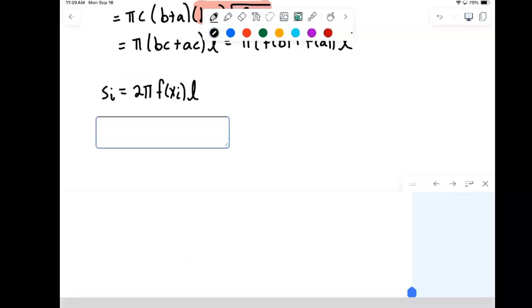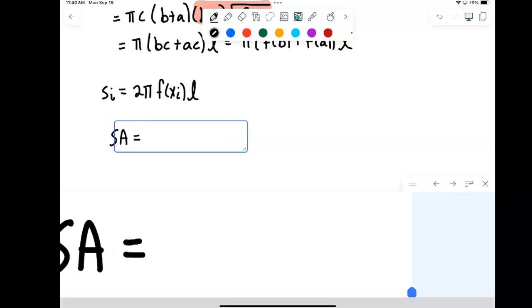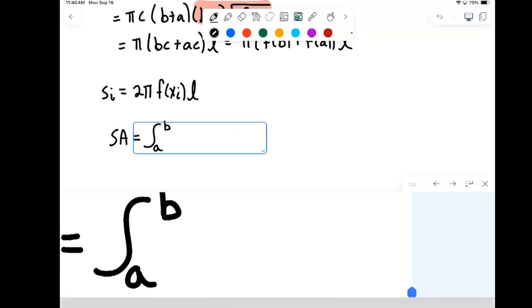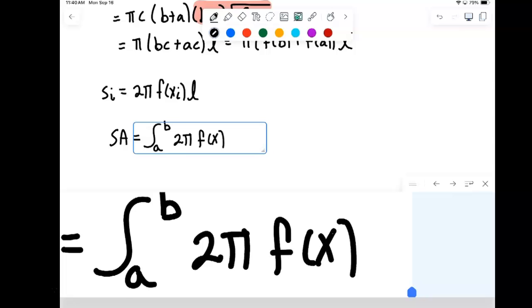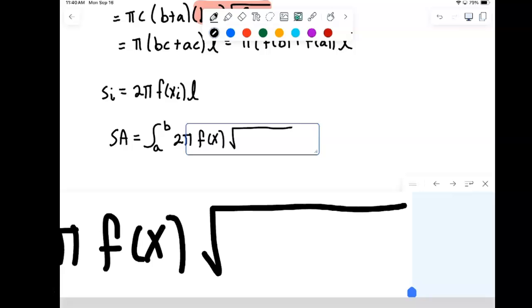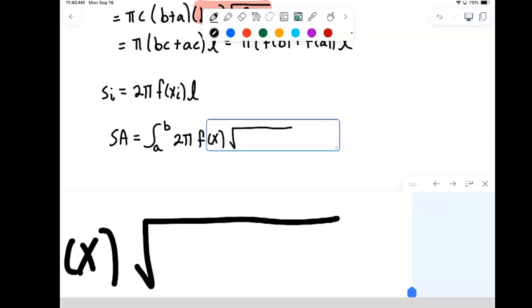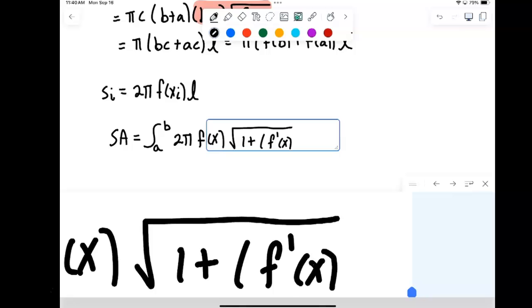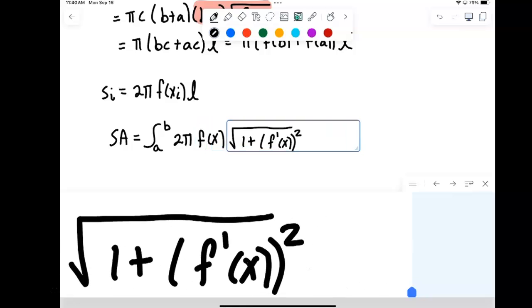So that finally, after all this work, the surface area of our shape is the integral from a to b of 2 pi f of x times the arc length, which is the square root of 1 plus f prime of x squared, dx.